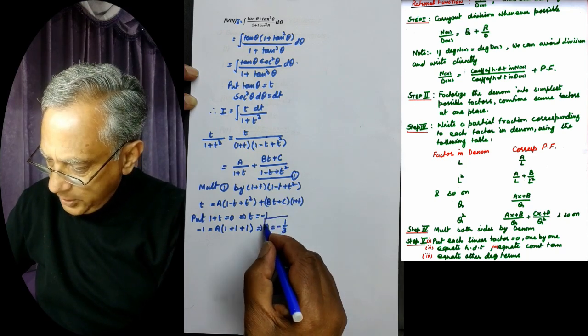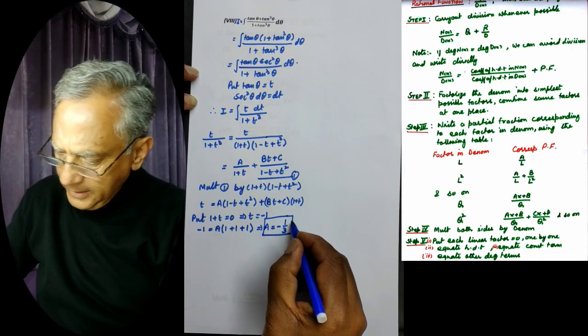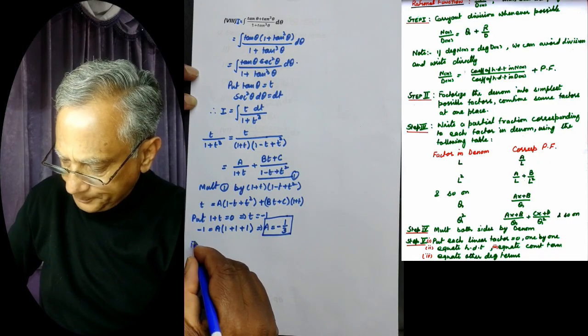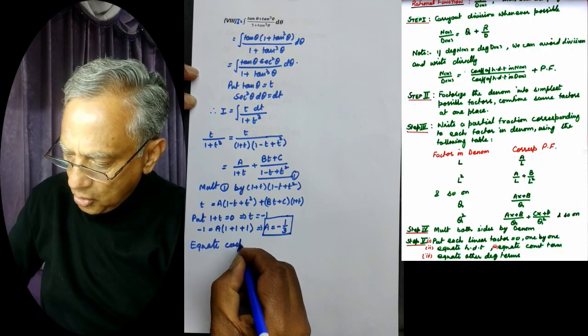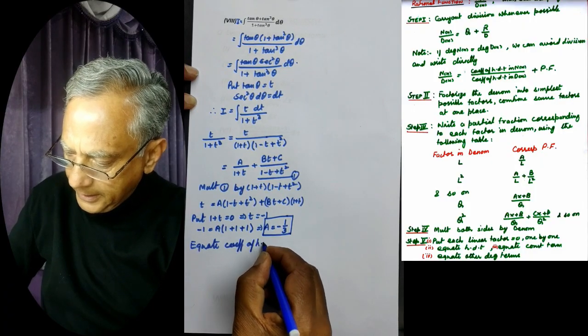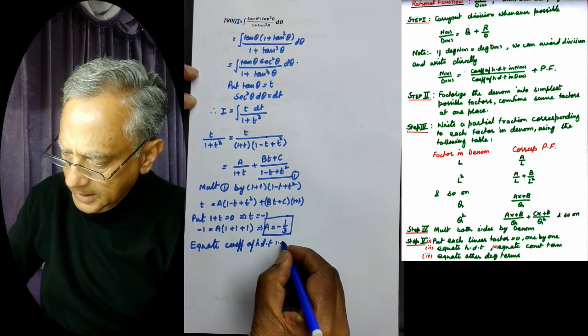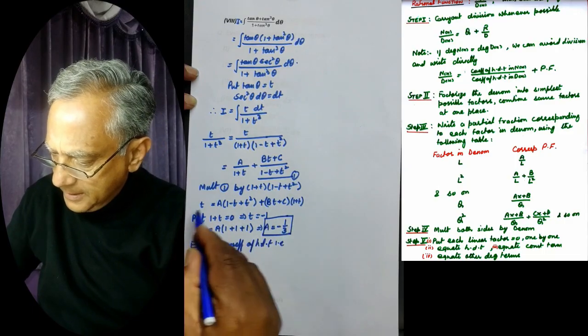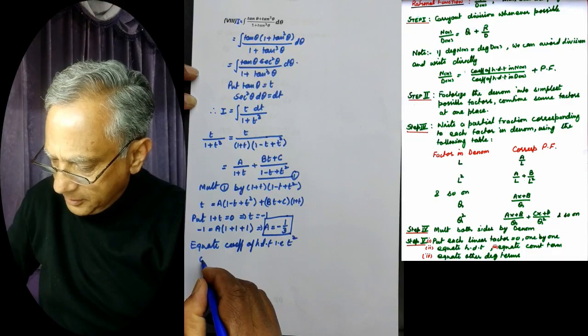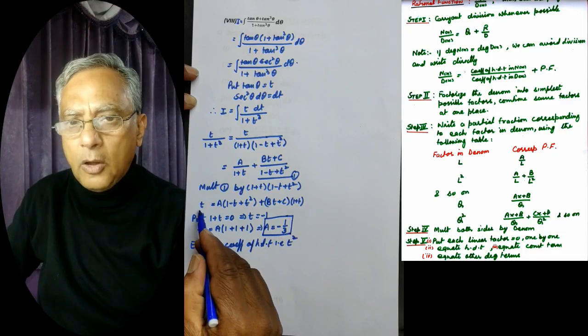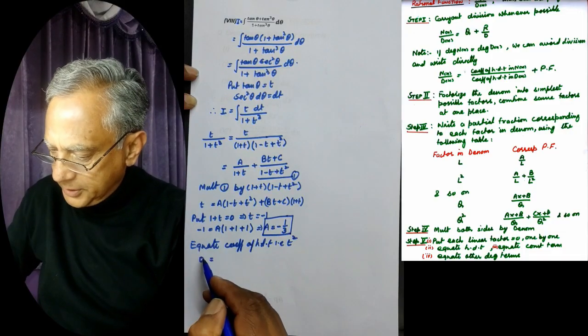So what we do is we will equate the coefficients of the highest degree term. The highest degree term in this equation is t square. On the left hand side there is no term of t square, so the coefficient is 0.